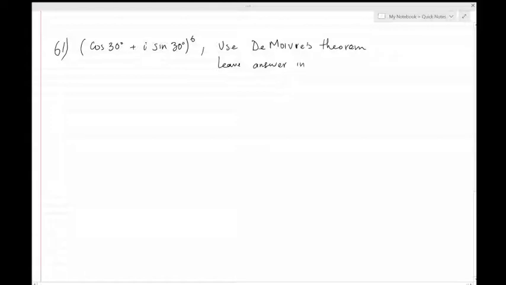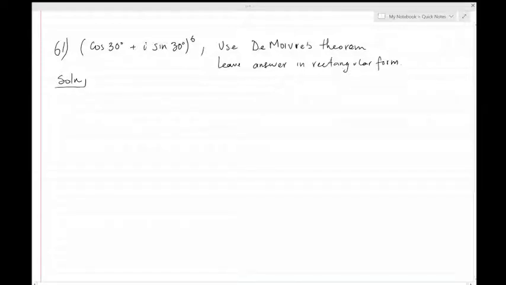The final answer should be in rectangular form. Okay, so let's go ahead and write the theorem or the definition for finding a power of a complex number.